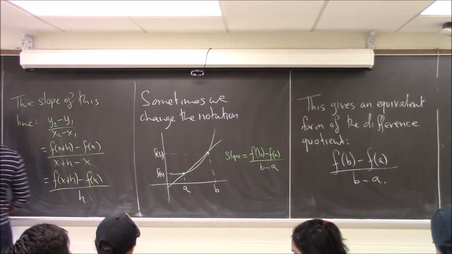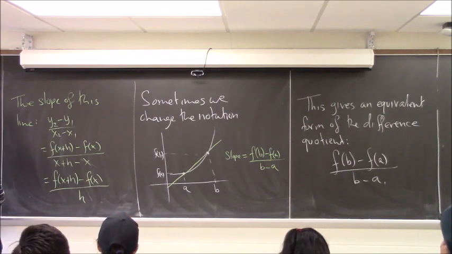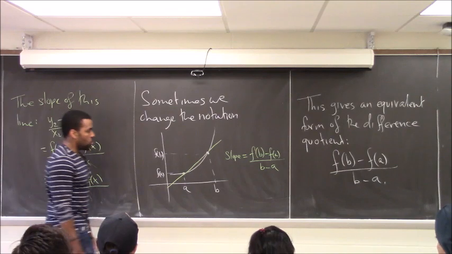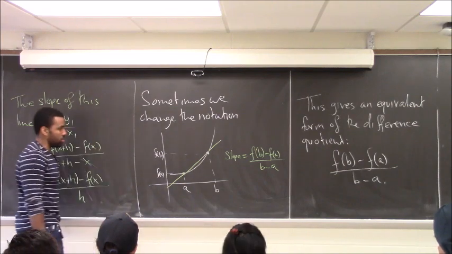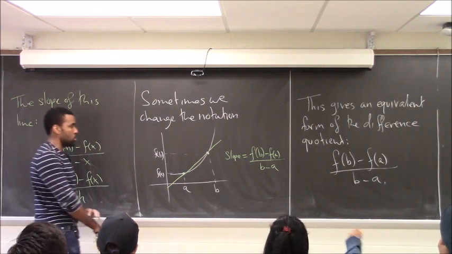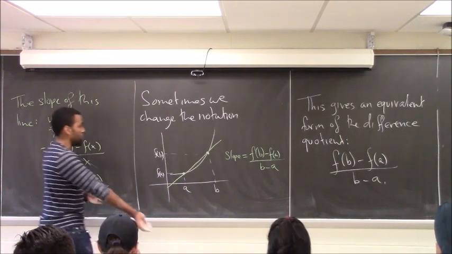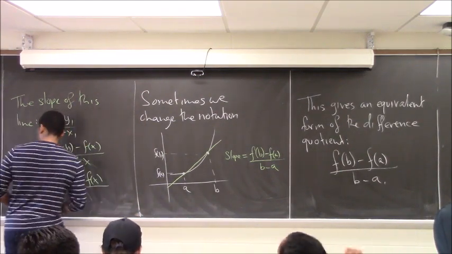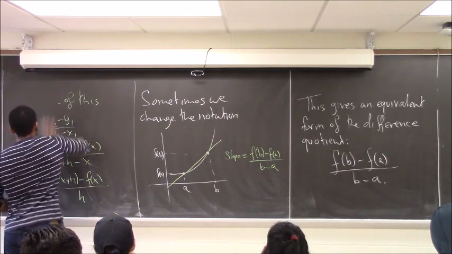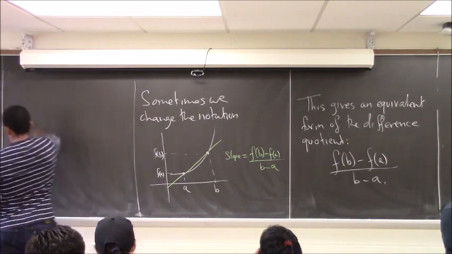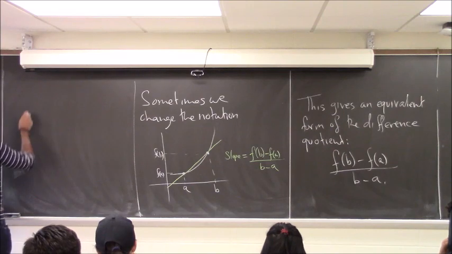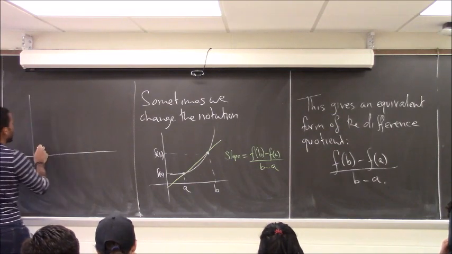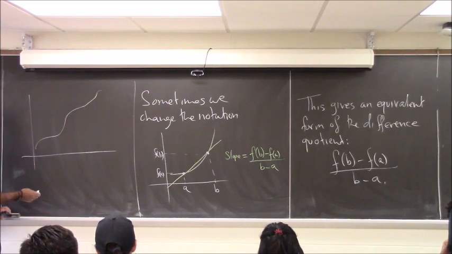Now, because we know that slope is basically rise over run, we can actually describe how much a function is changing by looking at that slope, at least on average. So let's say I have a function that is doing whatever it wants to do.